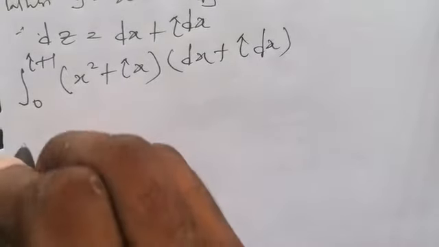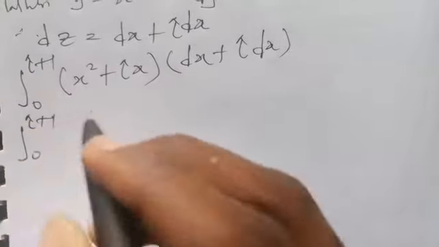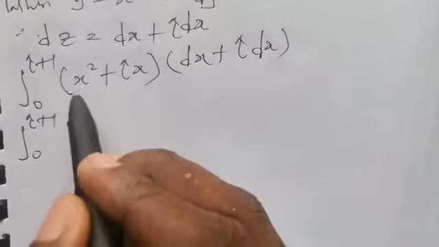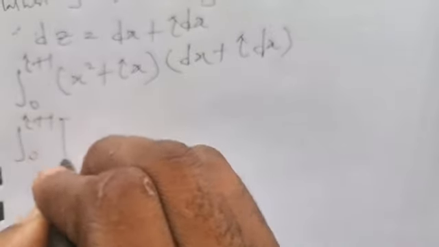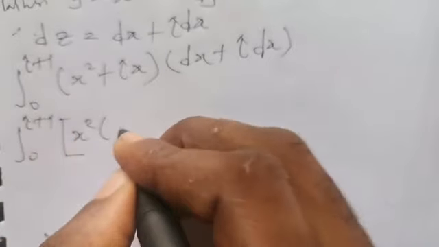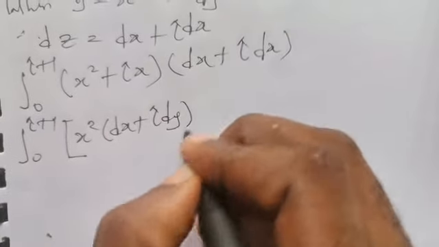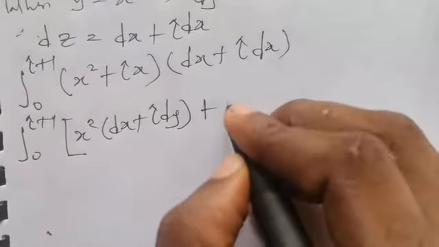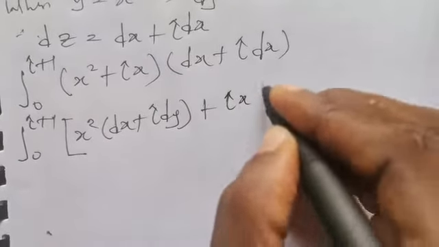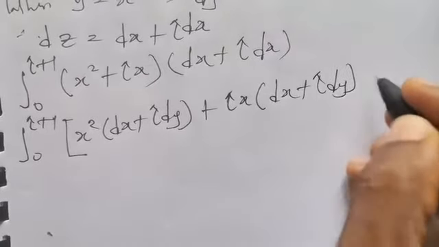Okay, so if we do that, we are going to have the integral from 0 to i plus 1. Let's now expand. So we simply use x squared to multiply everything in the bracket. So I have x squared multiplying dx plus i dx, plus, then I will use ix to also expand the bracket. So I have plus ix multiplying dx plus i dx.